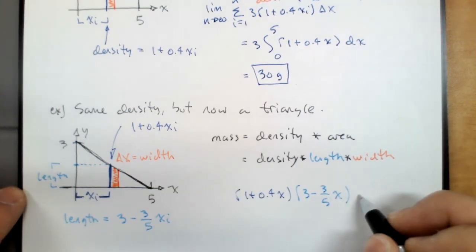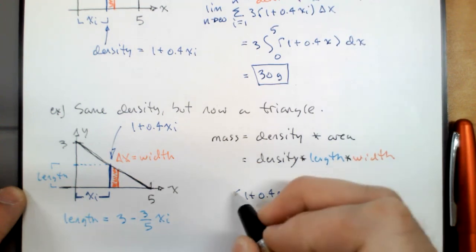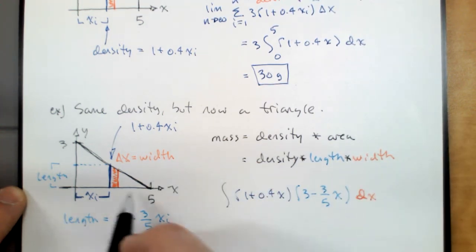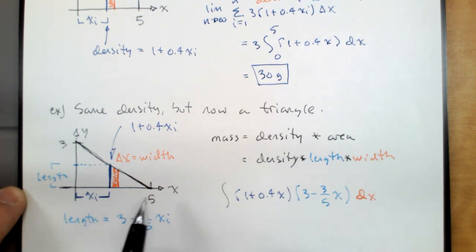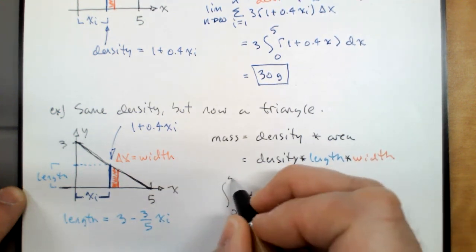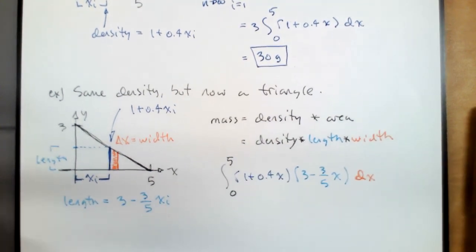The continuous width is dx. And then we'll integrate over all the x values. And there are pieces of this triangle from x equals 0 to x equals 5. In this case, I skipped the Riemann sum and went directly to the definite integral: did not pass go, did not collect $200.